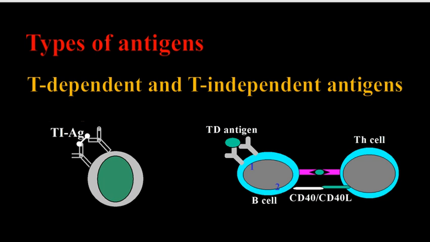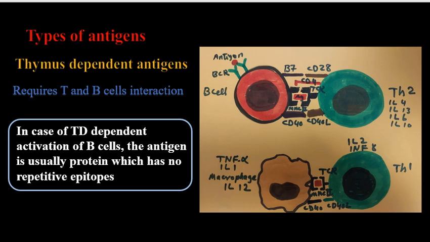So now I am going to talk about types of antigens. I will start by giving just a short account on thymus-dependent and thymus-independent antigens. Thymus-dependent antigens require T and B interaction, and the antigen is usually a protein.